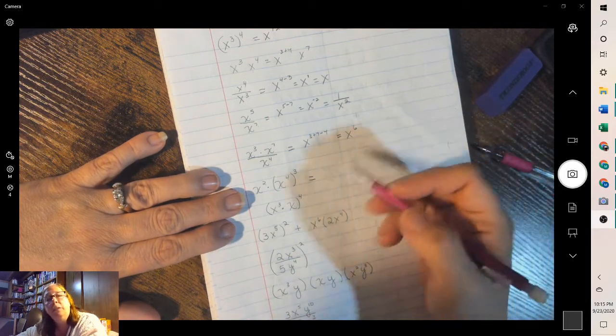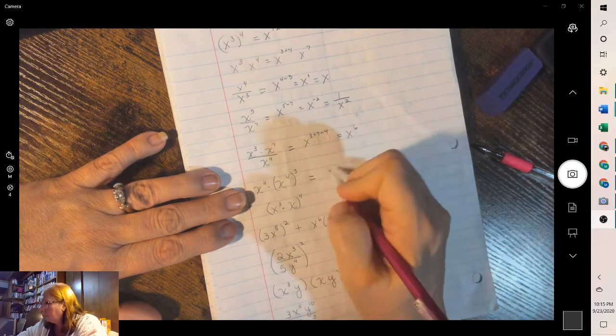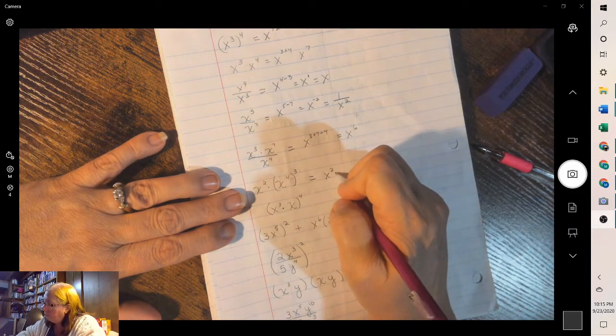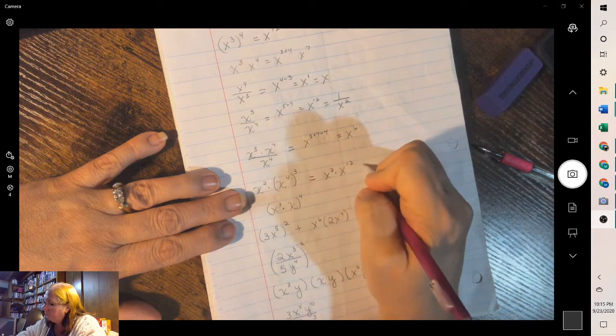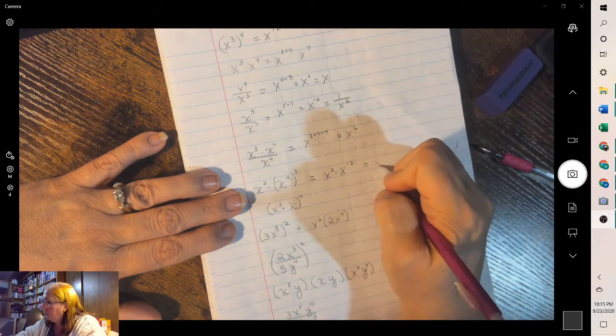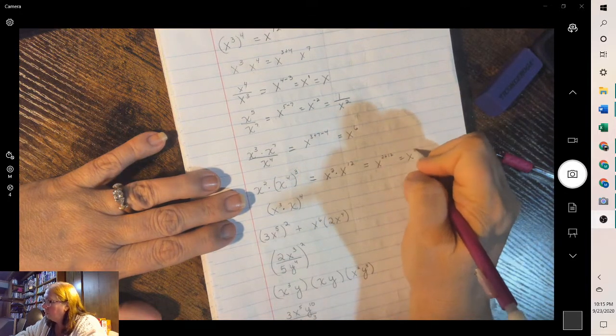Order of operation, you do exponents first. So we would need to do this first. Exponent to an exponent is multiplied. 4 times 3 is 12. And then here, same base, add the exponents. 2 plus 12, or x to the 14.